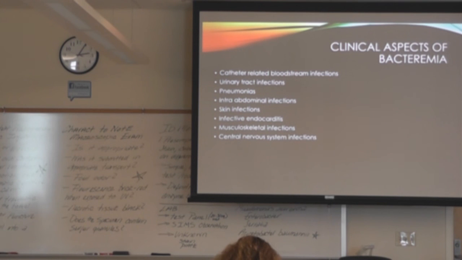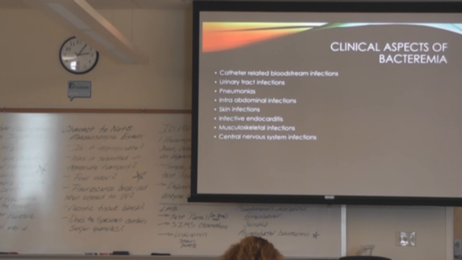UTIs probably account for 17% of all bacteremias, which is quite interesting. Pneumonias is about 12%. You're looking at Strep pneumoniae, Haemophilus influenzae, to give you a few. Intra-abdominal infections, that's only about 5%. And then skin, you're only talking about 2%. Proteus mirabilis is one that actually comes up with the skin a lot, and E. coli. Okay?